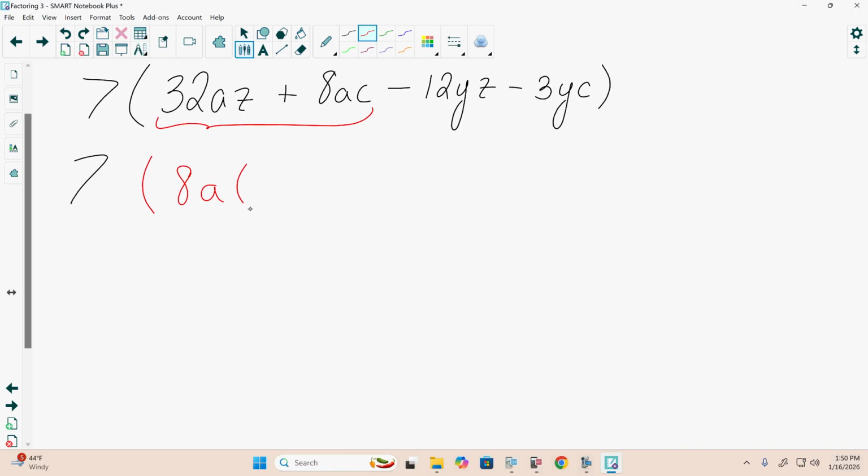So if we factor 8a out of 32a, 32 divided by 8 would give us 4. The a will factor out completely, leaving us with z. So if we factor 8a out of 32az, we get 4z. Now we're going to factor 8a out of 8ac. We're not factoring out a negative, it's still going to be positive. 8 divided by 8 is 1. a divided by a is 1. And that just leaves us with c.